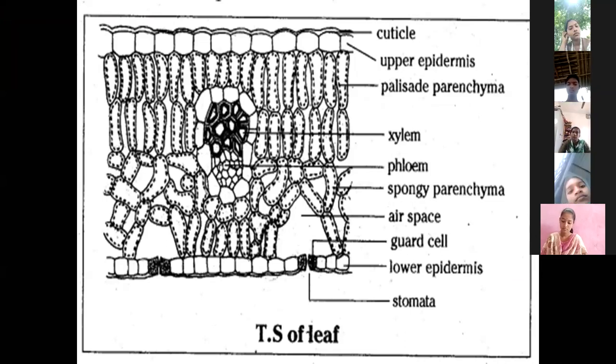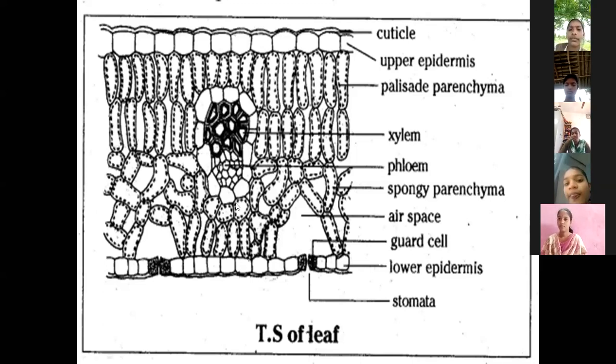It transports water from roots to stem. That's the xylem. Next, phloem is living tissue. It transports the soluble organic components made during photosynthesis.